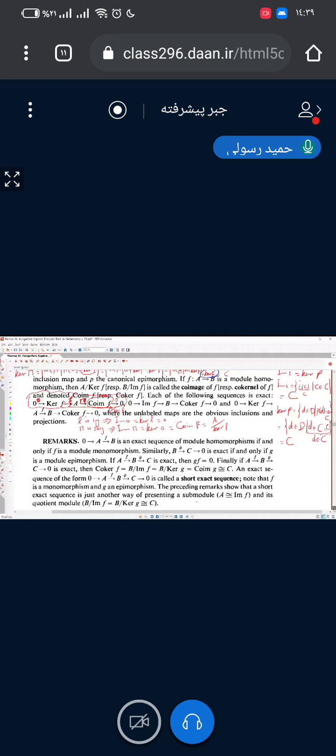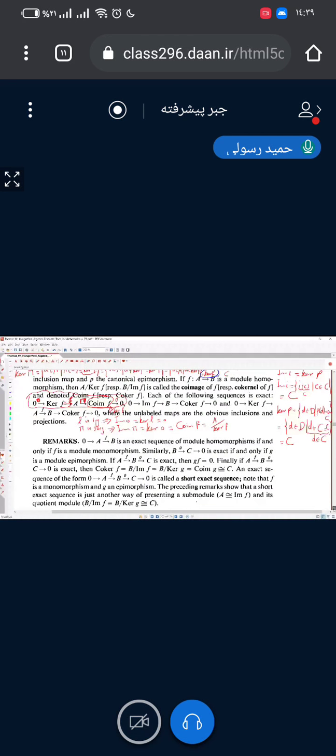Similarly, you can do this for this sequence and this sequence. Here are some remarks. 0, A, B, F is an exact sequence of module homomorphisms if and only if F is a module monomorphism.